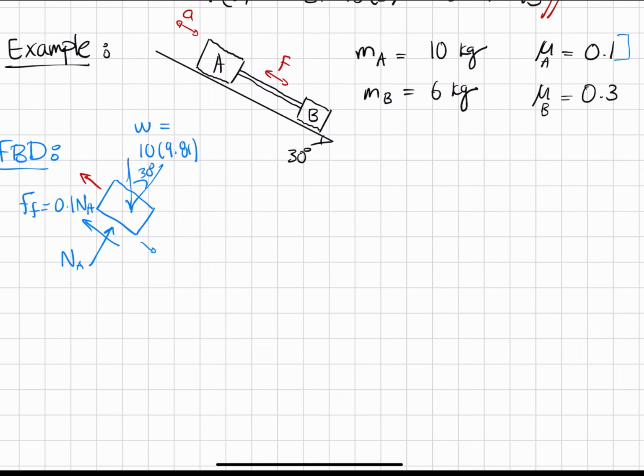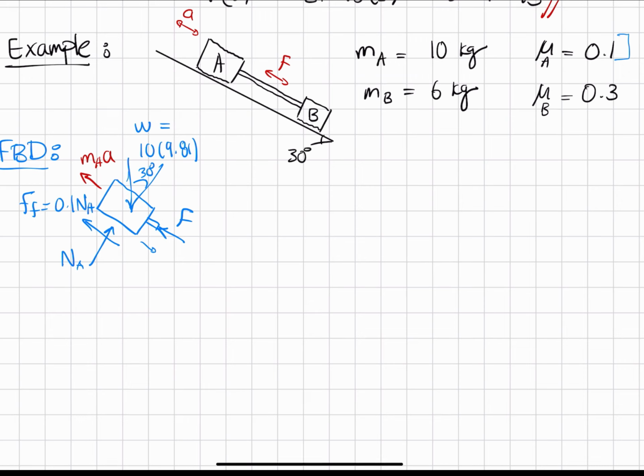So if it's sliding downwards, then MA is in the upwards direction. So with this free body diagram, oh, one more thing. There's also the force that the rod is imposing, this rigid link. I don't know which way it's going to face. Let's just say this is the force. Forces are a little bit more complicated, so we don't really know which way they're going to face.